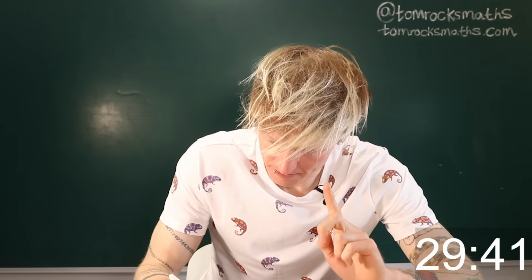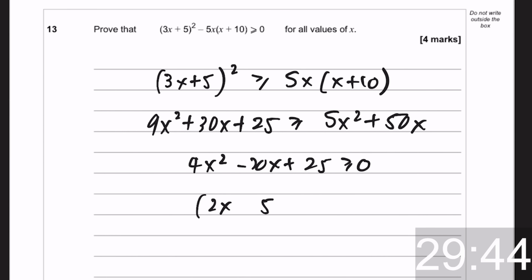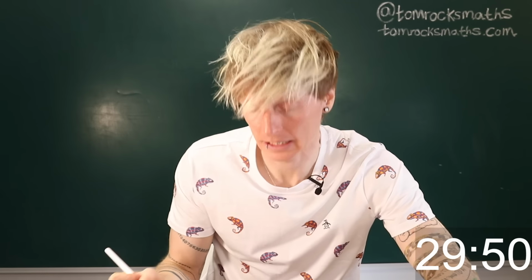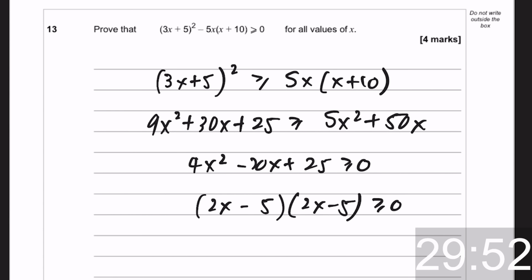It's going to be a 2x minus 5, isn't it? 2x minus 5 times 2x minus 5 must be positive, I think. So let's check. Expanding that out, 4x squared minus 10x minus another 10 plus 5. Yeah.